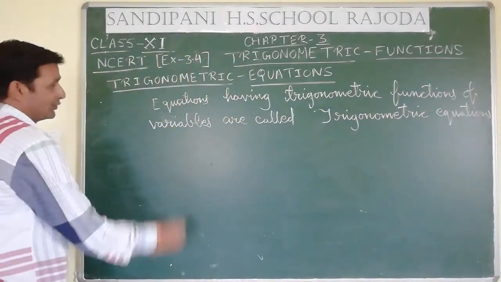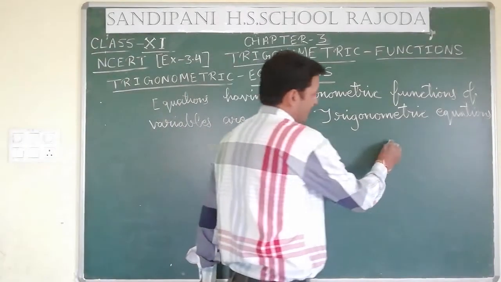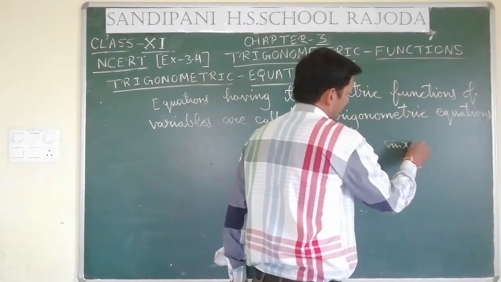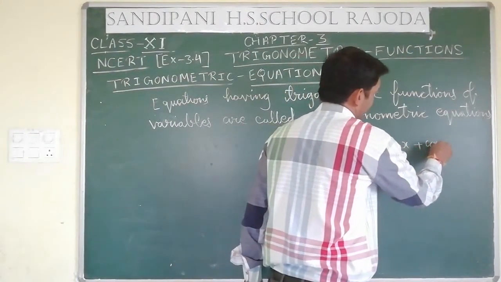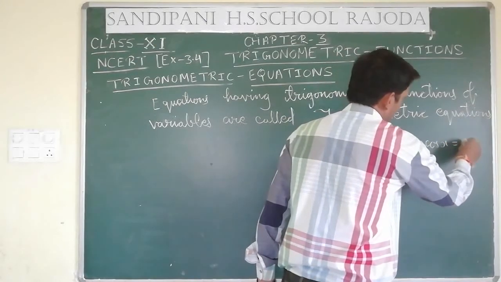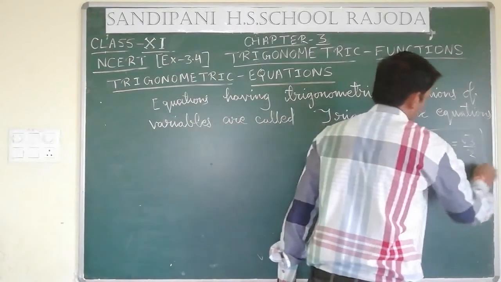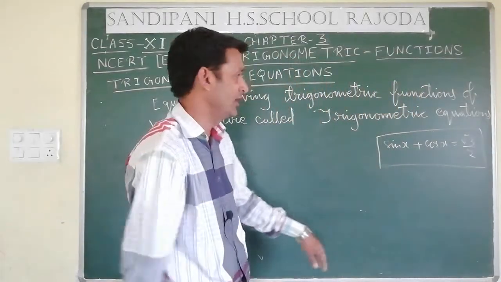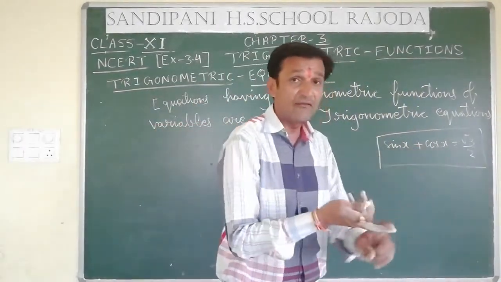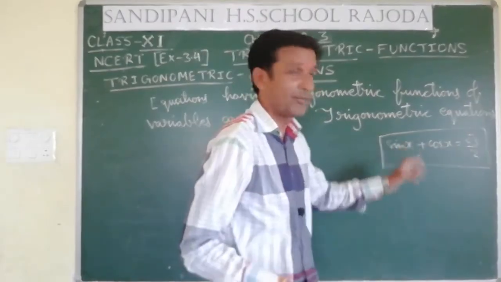So let me tell you, suppose here it is mentioned sin x plus cos x is equal to root 3 by 2, like this. It may be an example considered by me only. So here we have to find the value of x in such type of questions.